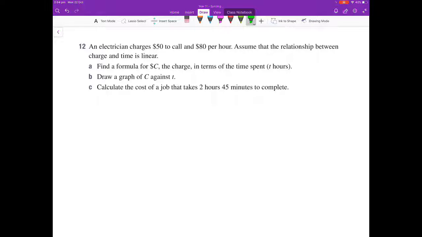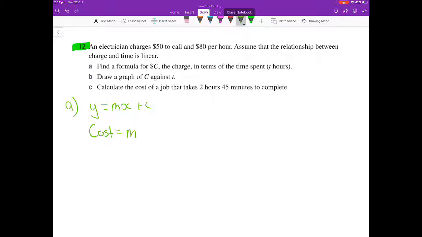One of the more difficult questions looks at an electrician charging $50 for a call out and $80 per hour. Assuming the relationship is linear, you need to find the formula of the cost in terms of the time spent T. So important information is the $50 and the $80, and we're of course going to be putting it back into our y equals mx plus c formula.